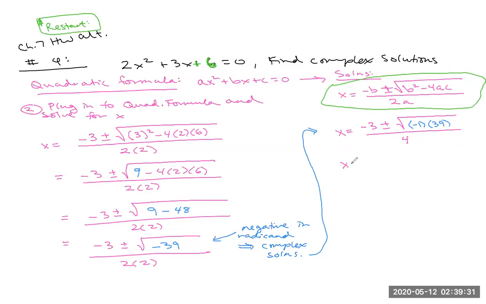Okay, so x equals, we have -3 plus minus, and then this is all over 4. So now what happens to this? You can split the square root -1 from the square root 39. They're still multiplied together.